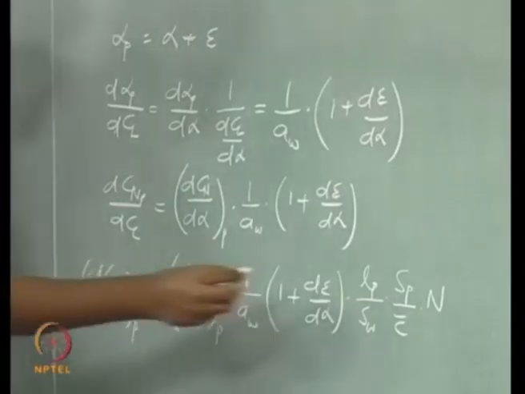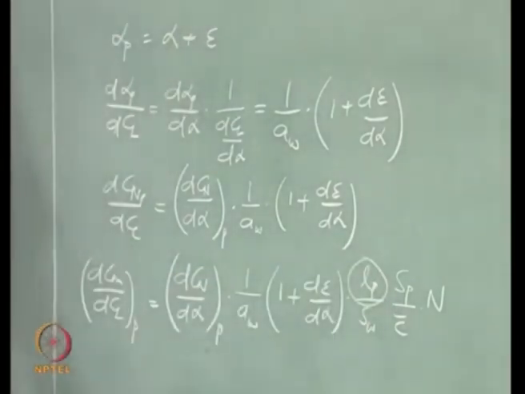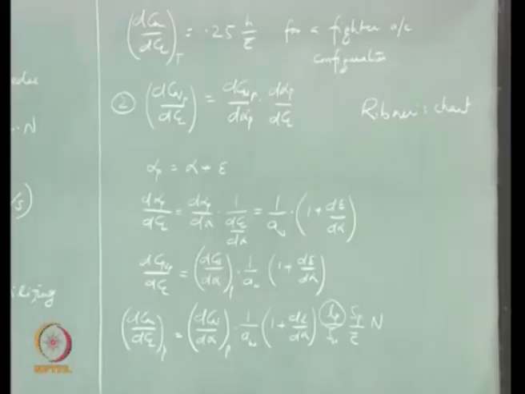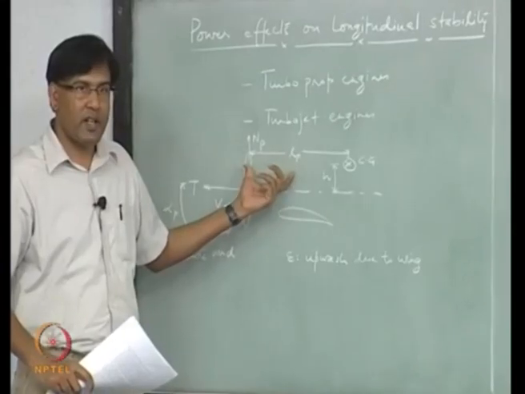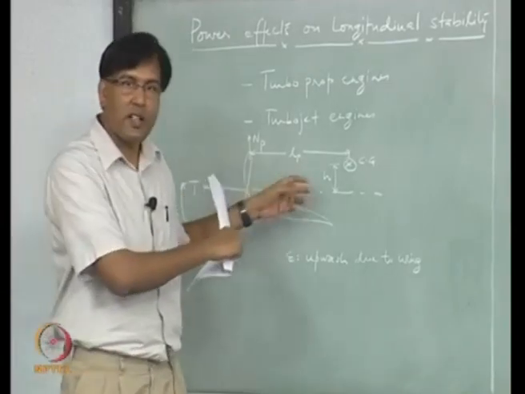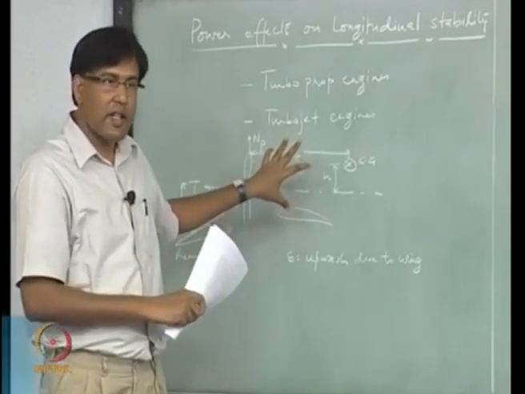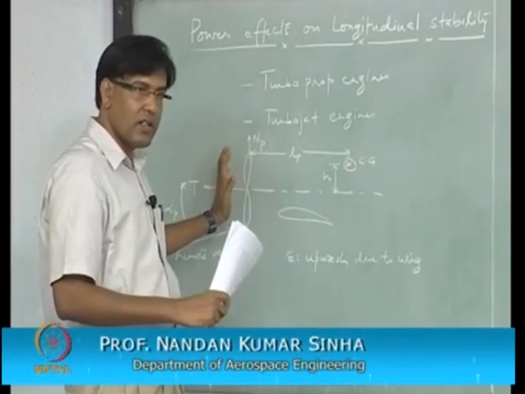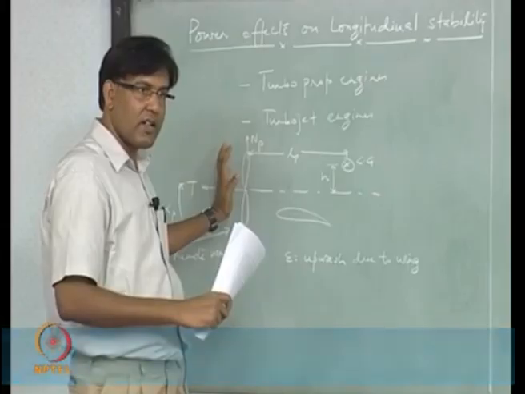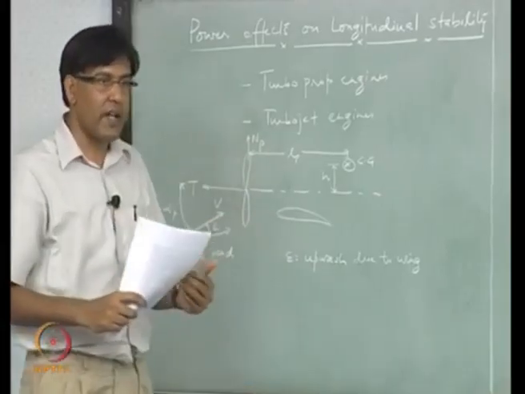It depends upon what this LP is, right. If LP is positive, that is how I have drawn it here, then the effect is destabilizing. But if the CG is ahead of the propeller, then the LP is going to be negative.